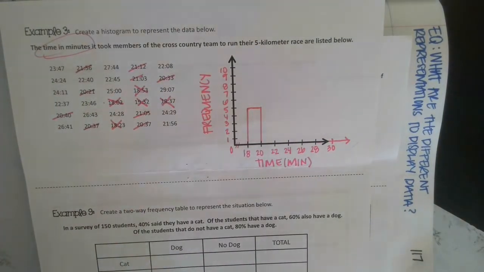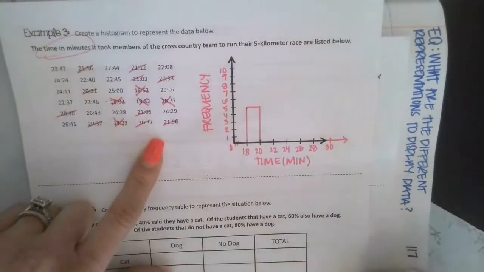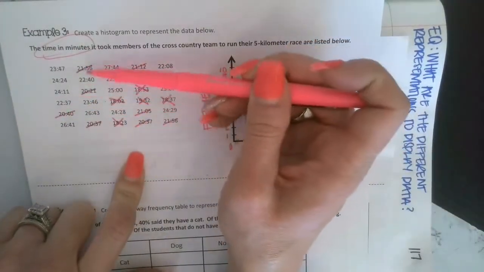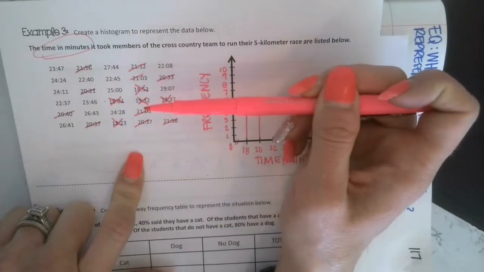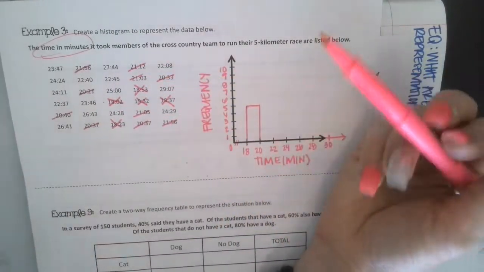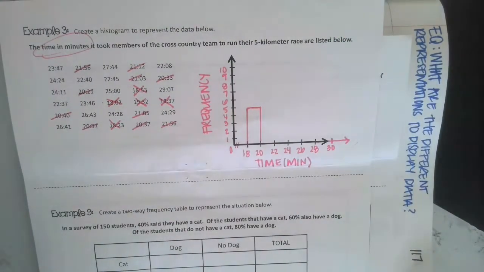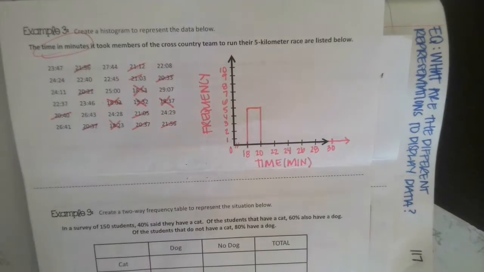Did I miss one? Oh, 10. 1, 2, 3, 4, 5, 6, 7, 8, 9, 10. Notice I used a different type of crossing out. I only used one line. That's just so I can go back and easily find them, especially if I get distracted, which you guys know me, I do very often. So it looks like I have 10.